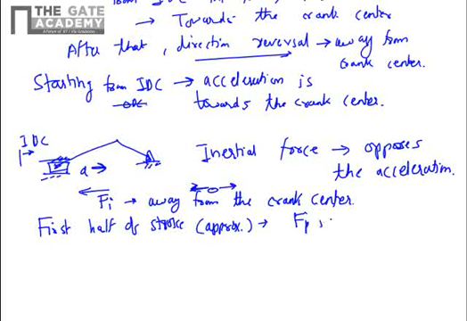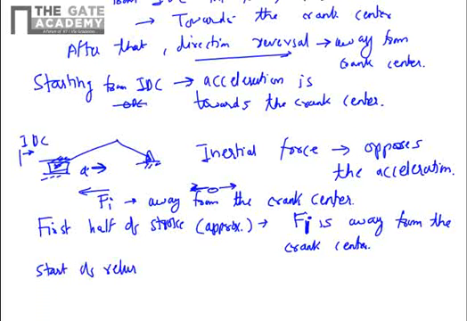The Fi, inertial force, is away from the crank center, and at the later half, when it reaches the outer dead center and starts to come back, so start of return stroke towards that period, Fi is towards crank center.